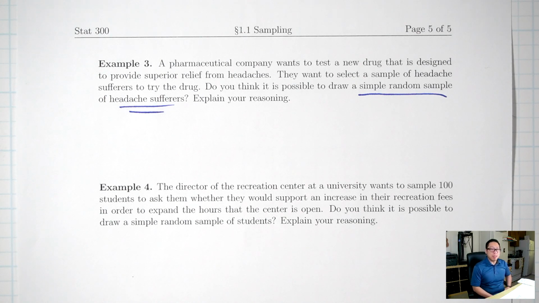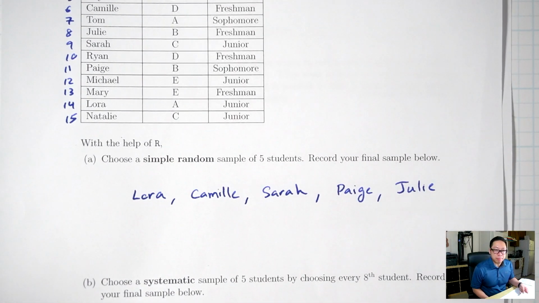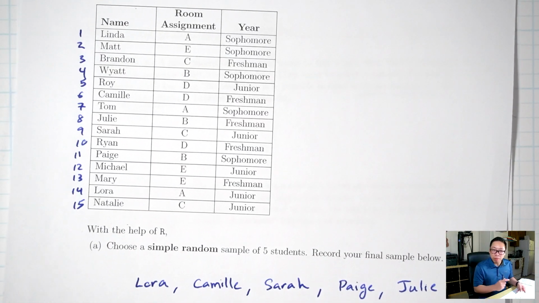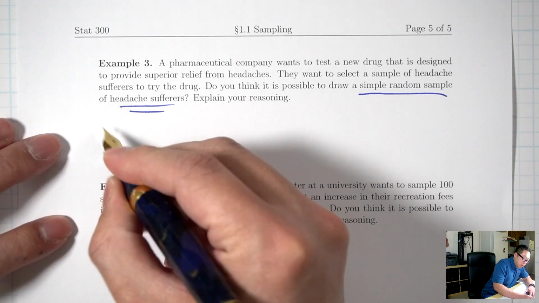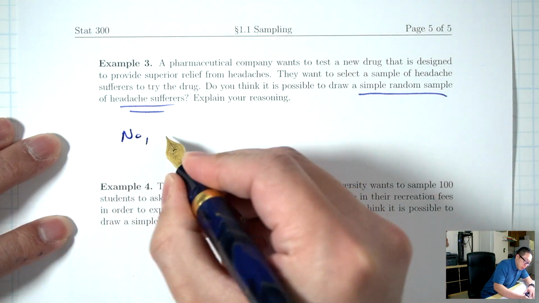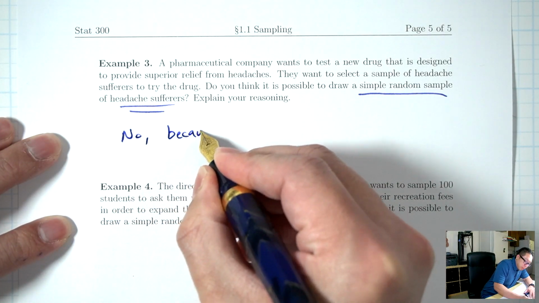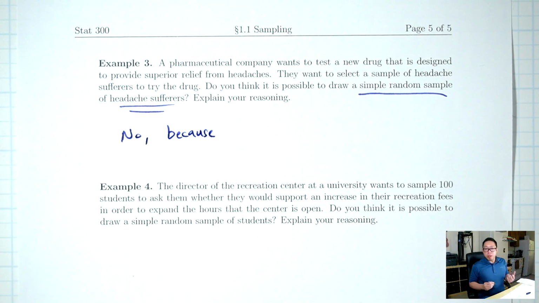So if you don't have the list to begin with, you can't really do a simple random sample, because you need the full list of the population first. So here, I would say it's not possible, because we don't have a list of every individual in the population.